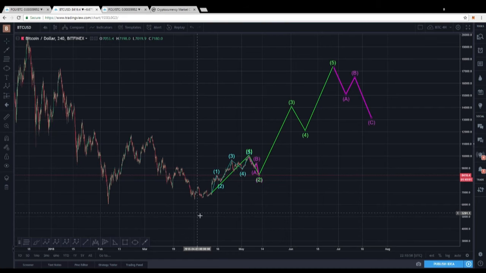Now, of course, cryptocurrency's market cap is extremely low, guys. Very, very, very low.